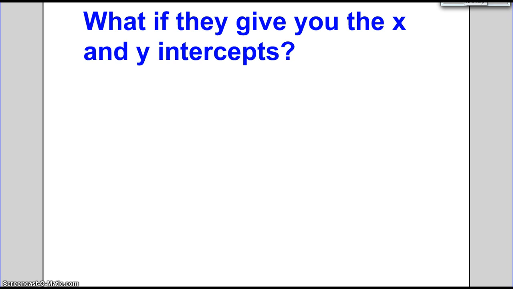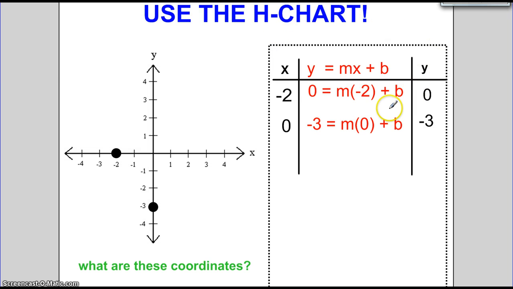What if they give you x and y intercepts? So they give me these intercepts. Now I need to figure out what the b term is. Well, we notice that I don't have a slope, but I can find one.